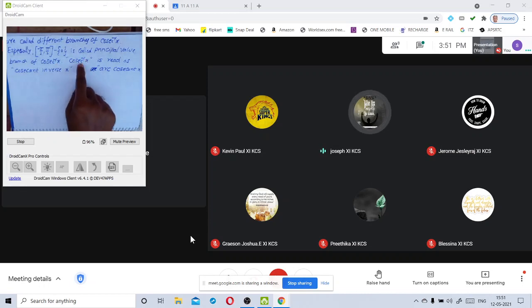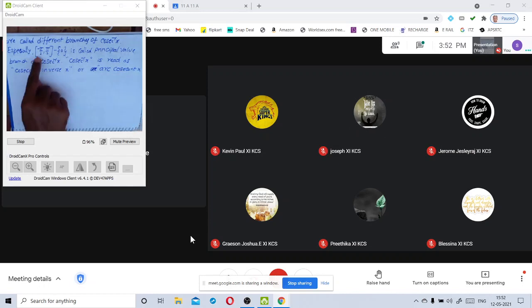Cosec inverse of x is read as cosecant inverse x or arc cosecant x. Very good, Joseph. Jerome Jasliraj. Okay, sir. The closed interval of minus pi by 2, comma pi by 2 minus the singleton set of 0 is called principal value branch of cosecant inverse. So this notation is read as cosecant inverse of x or arc cosecant x. Very good, my dear Jerome Jasliraj.